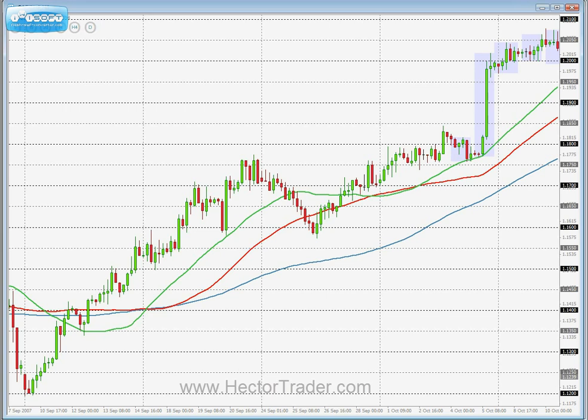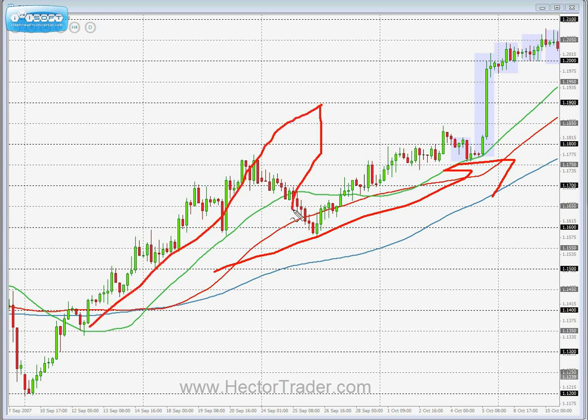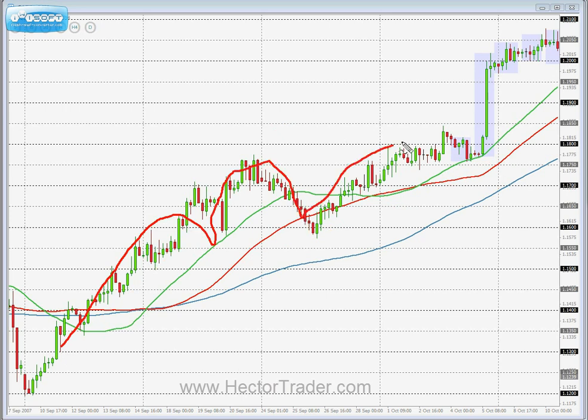In this case, we are looking into the Canadian dollar against the CHF on the 4-hour time frame, and all the nice uptrending scenarios per the moving averages. Swing formation of the dynamic area of resistance. There is a crossover there, but for the sake of this video, let's not pay attention to it.